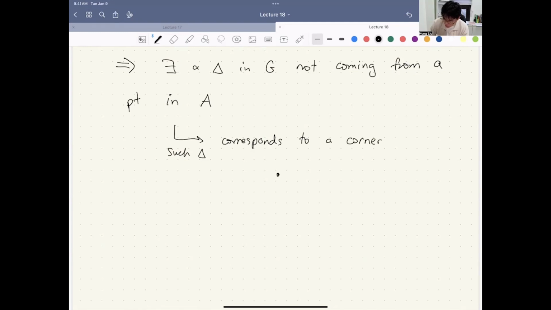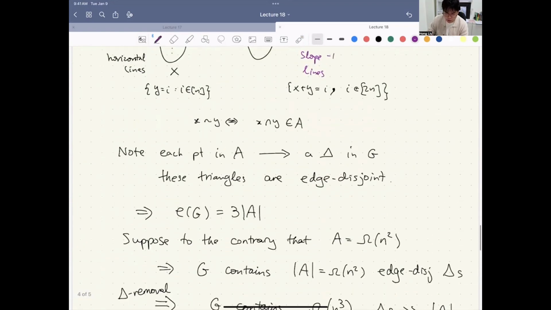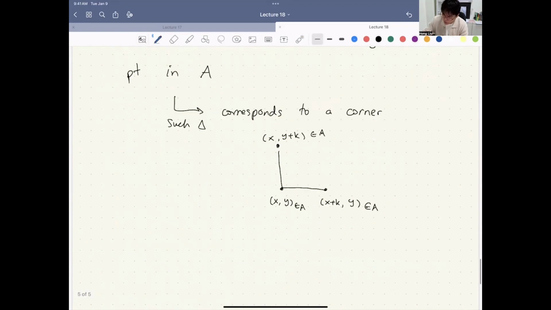Okay, why is that true? Right, x, y, x plus k, y, x, y plus k. They are all in A. It corresponds to this because then, if you look at the three, what color do I use? Vertical is blue. So if you look at these three vertices, which correspond to the three colored lines, right? This line in G. I will not draw.